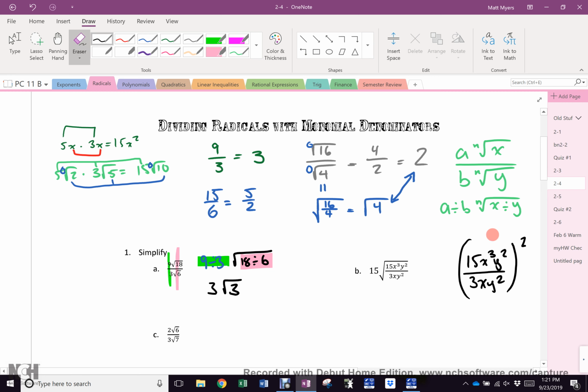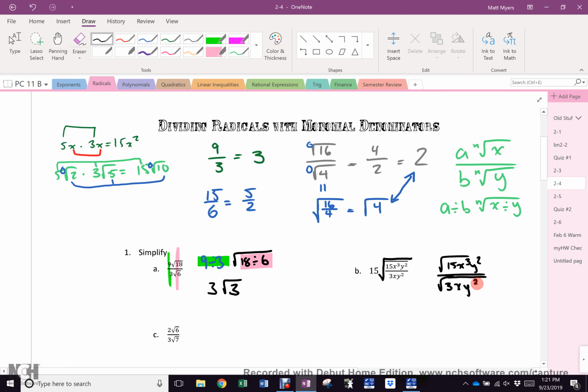Now, we all know that when a square root encompasses everything, is that not the same as root 15x cubed y squared over root 3xy squared?